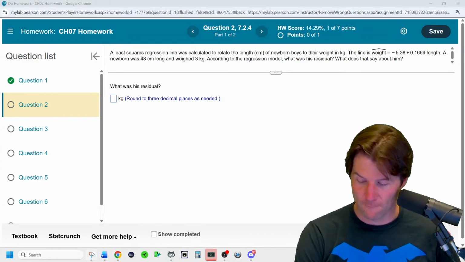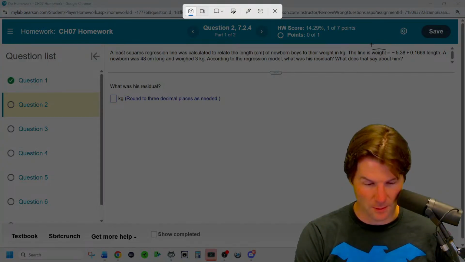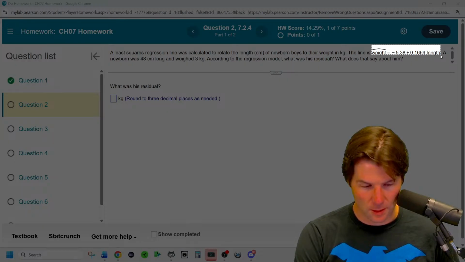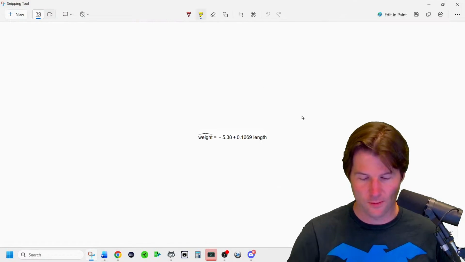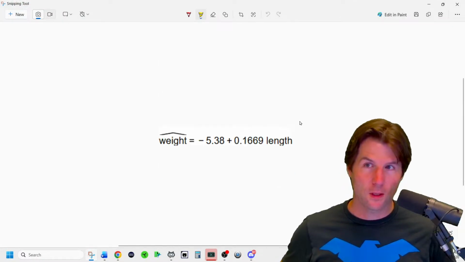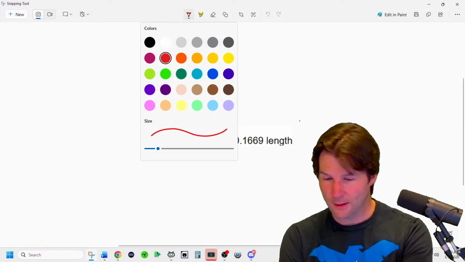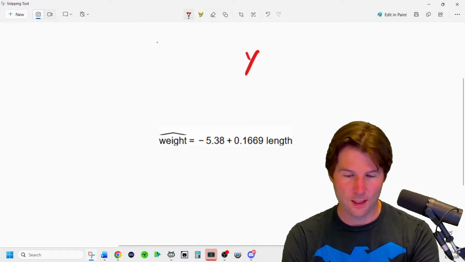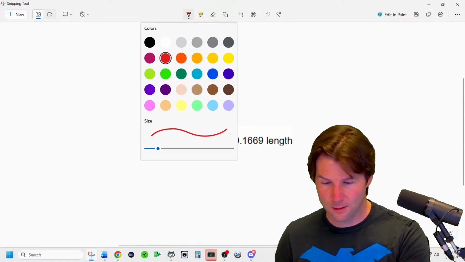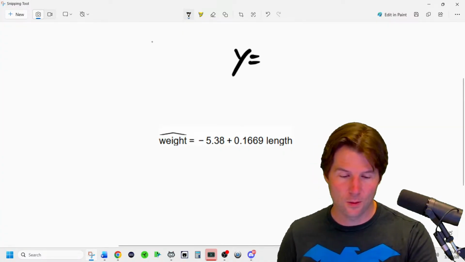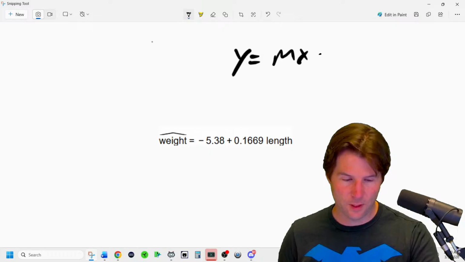Now, here's the thing. If you get a regression model, you immediately want to write out what the equation is. Part of the class is understanding what you're seeing, and you might be familiar with the classic equation y equals mx plus b.